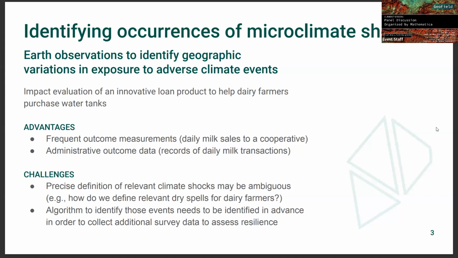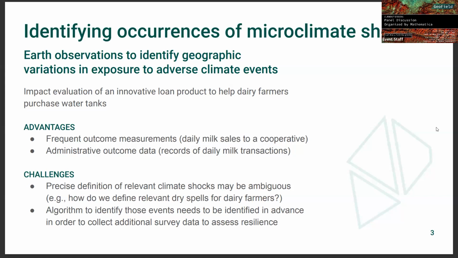And then I think that the biggest challenge here is that there isn't really an obvious definition of dry spells that is appropriate for this particular intervention. So it's different from floods or droughts, where there are technical definitions that most people agree on. Right? So we are taking a data-driven approach and looking at the historical relationships between milk sales and the local rainfall to see if we can come up with a reasonable threshold to use.